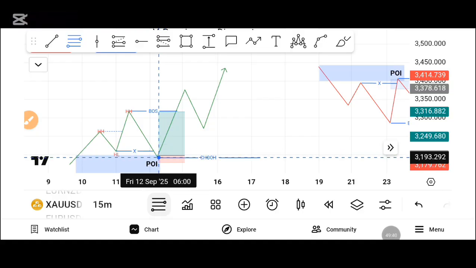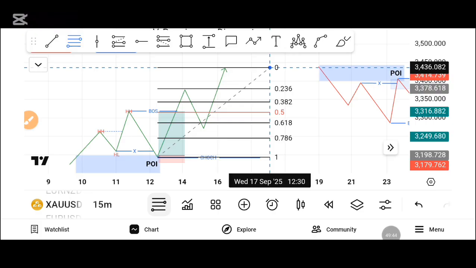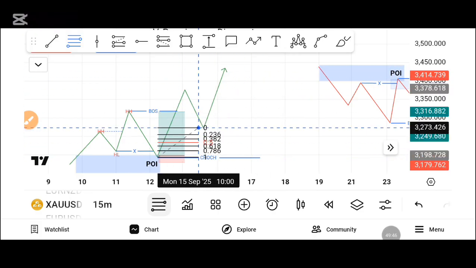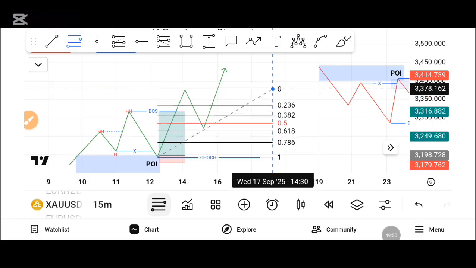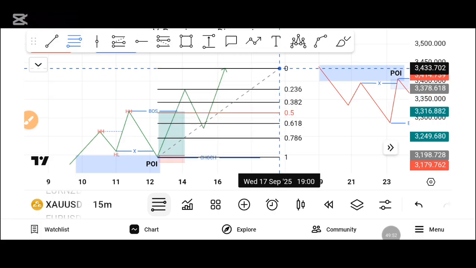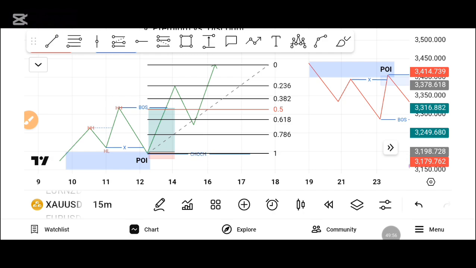Place it at this low here, and from this low, bring it to this high. This is how we get our fib retracement tool.